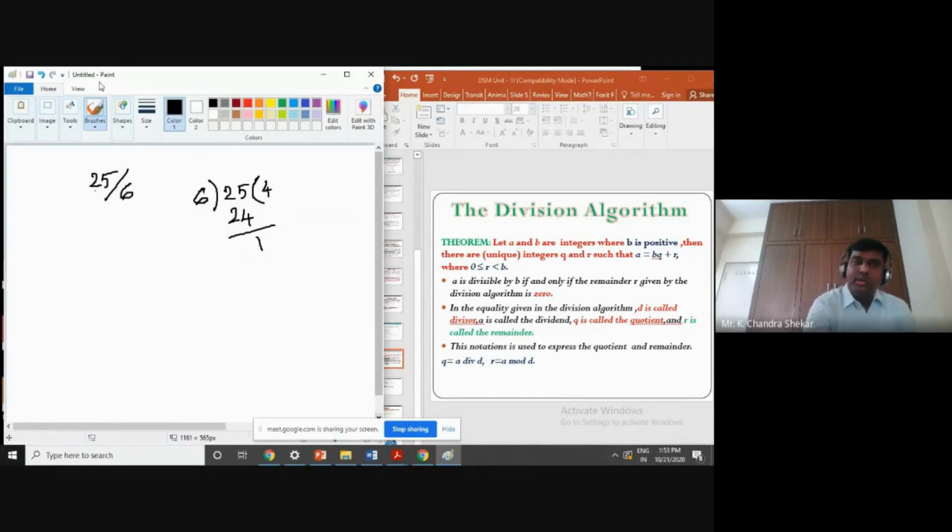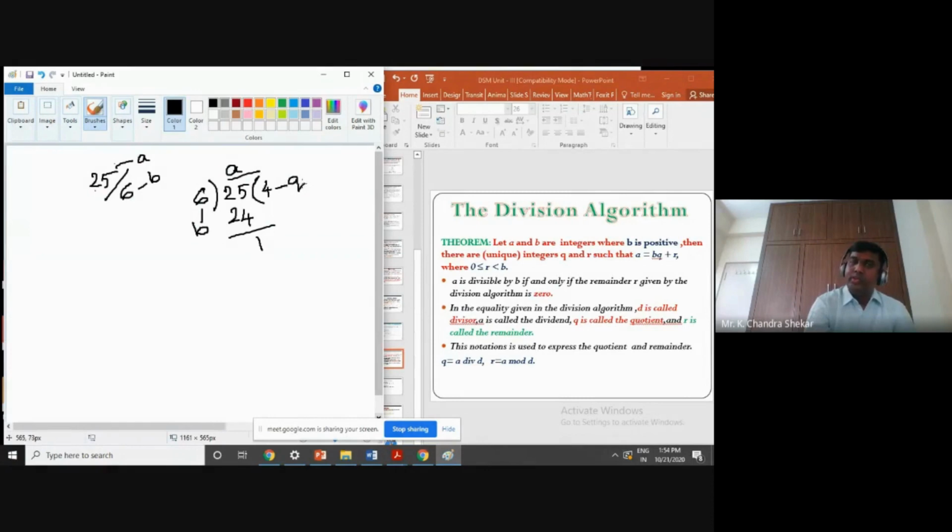Okay. Now this particular number, the given one, I am calling A. Now this I am calling B. Now when I consider A and I am dividing by B, I am getting a quotient.